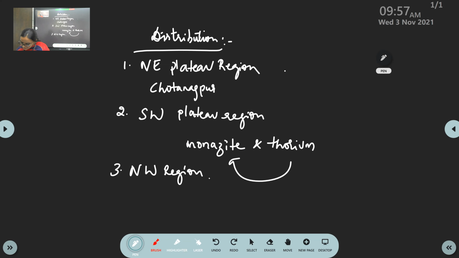Copper, zinc have been major minerals. Rajasthan is rich in building stones, that is sandstone, granite, and marble.